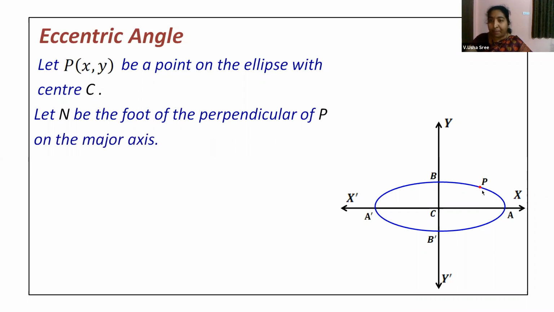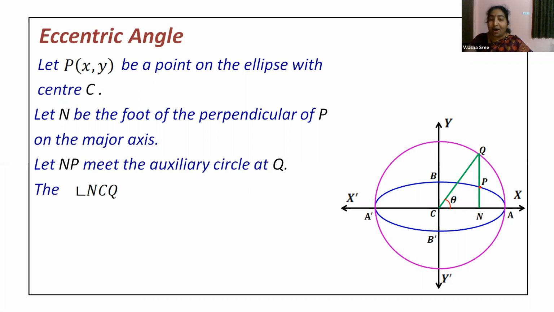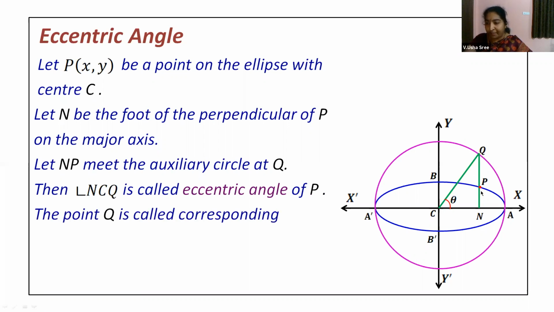That means you are dropping a perpendicular from P onto the major axis, and the foot of the perpendicular is taken as N. Then let NP meet the auxiliary circle at Q. This NP is extended and it meets the auxiliary circle at point Q. If you join C to Q, then angle NCQ is nothing but the eccentric angle of this point P.